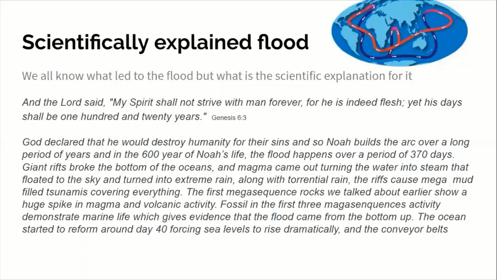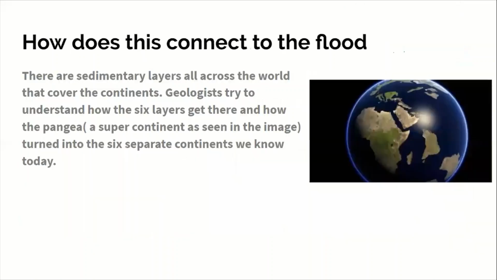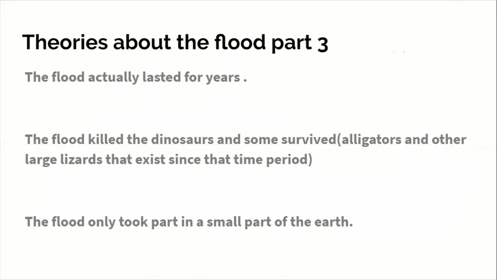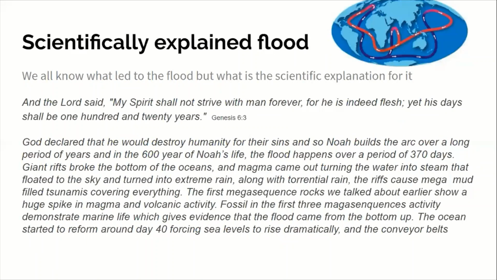So they were pushing sea life on top of this continent. And today, in the first three layers of the six mega layers that I talked about, we can find sea life and marine life, which proves that the floods came from the bottom up.